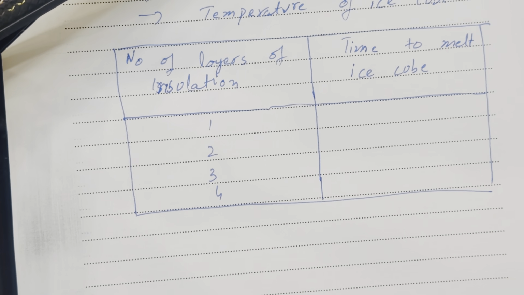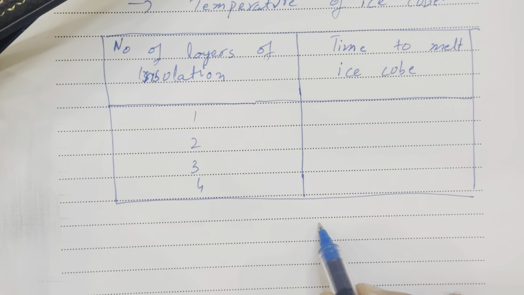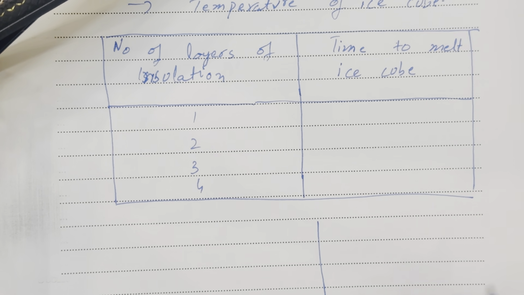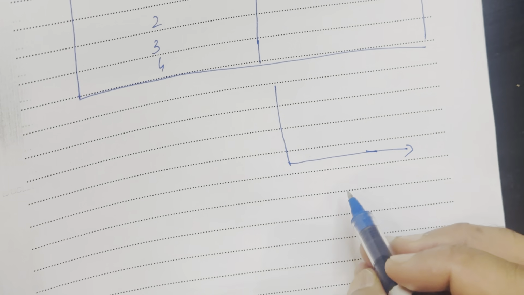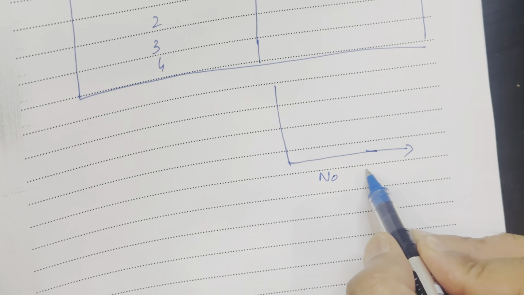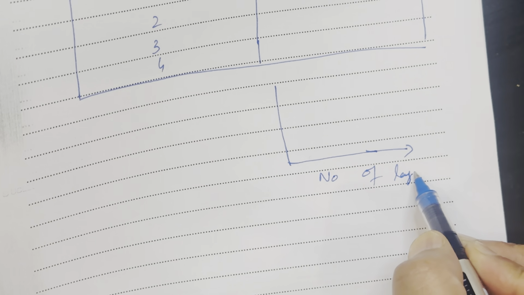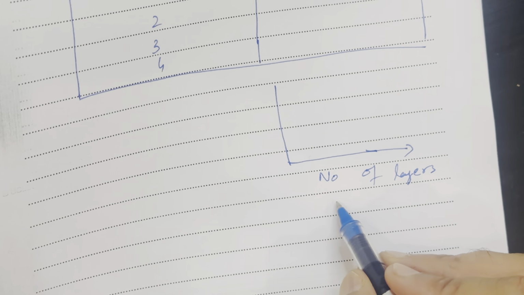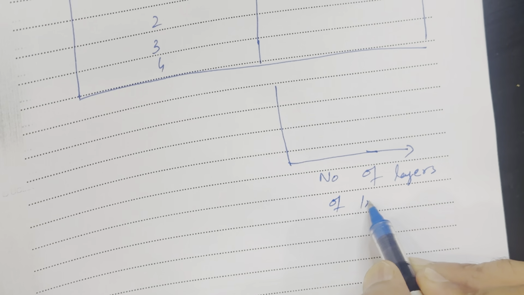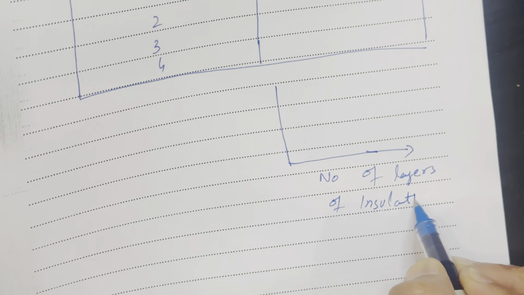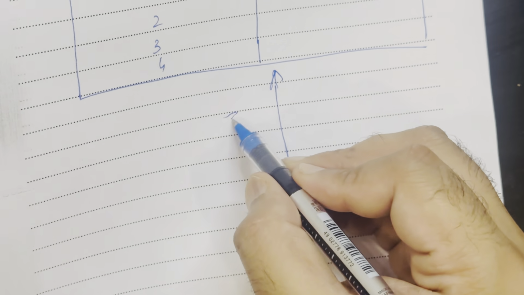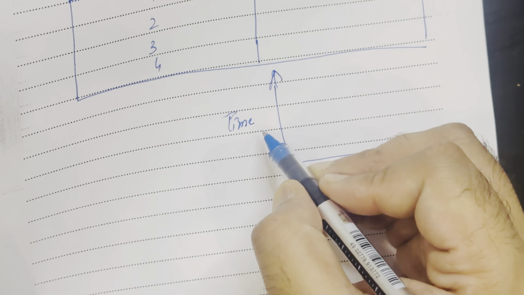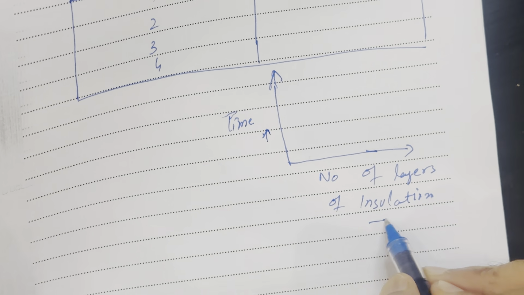You can also show it by plotting a graph as well. For the x-axis, you need to take the number of layers of insulation, and for the y-axis, you need to take the time taken to melt the ice.